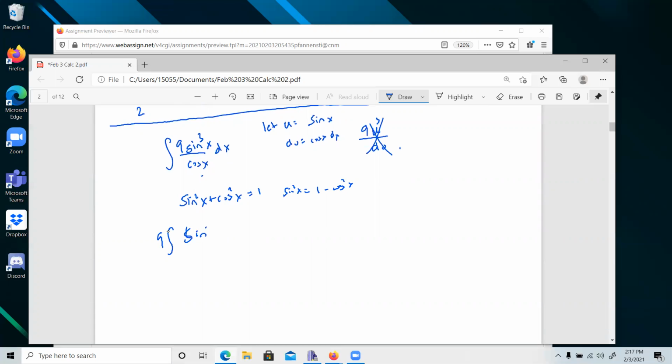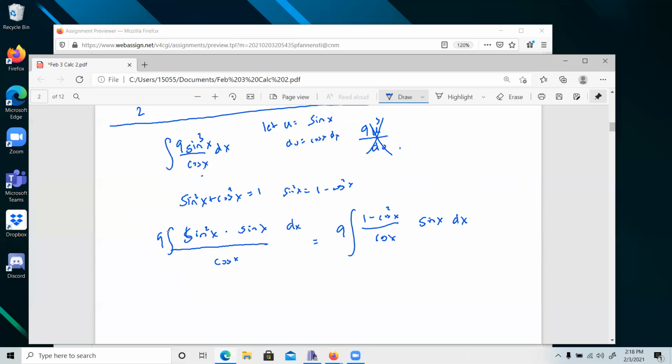We can say, well, this is sine squared x times sine x dx all over cosine x. All right. So this is going to be 9 in a row. Okay. And then we have a 1 minus cosine squared x all over cosine x, sine x dx. All right.